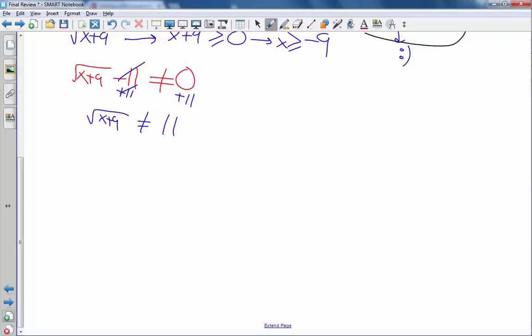Now how can I get rid of that square root? I will square both sides and that will take care of the square root. Well, 11 squared is 121, and I will subtract 9. And we will have x as not being equal 112.